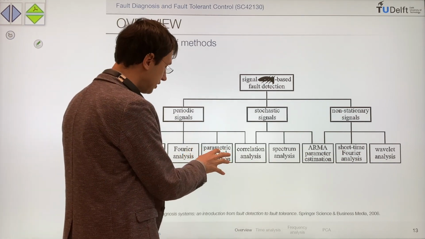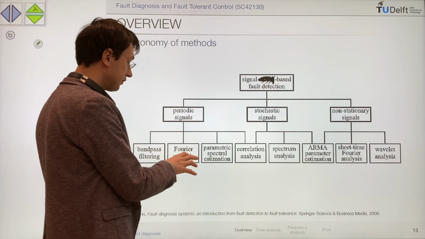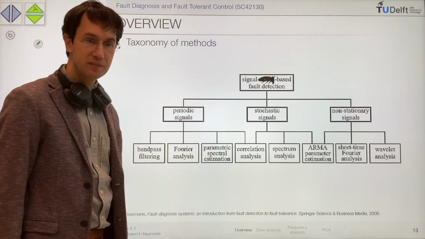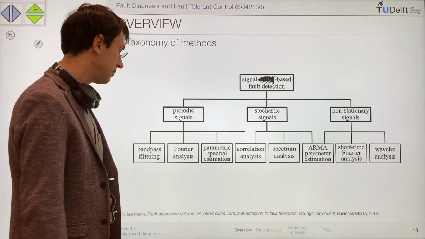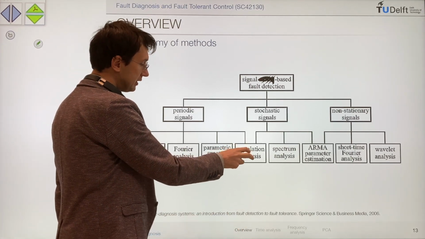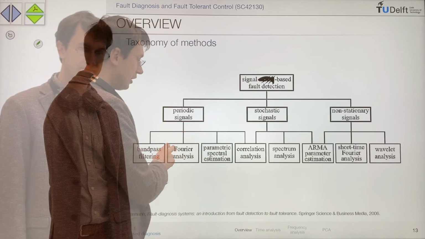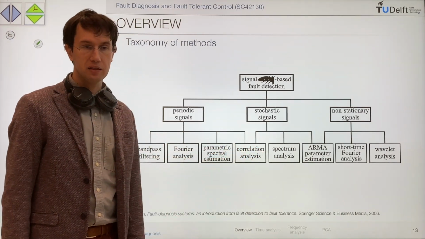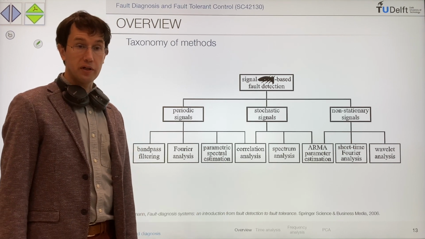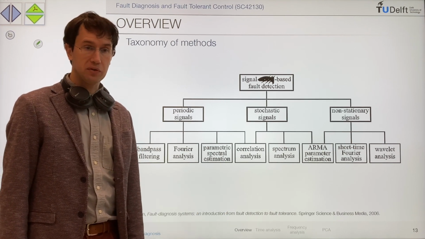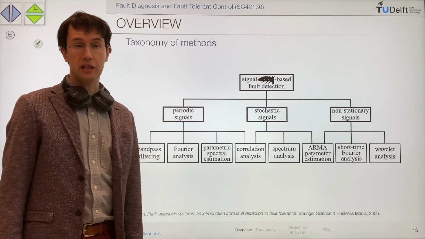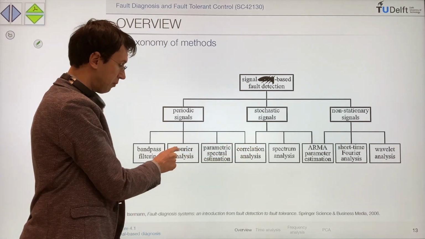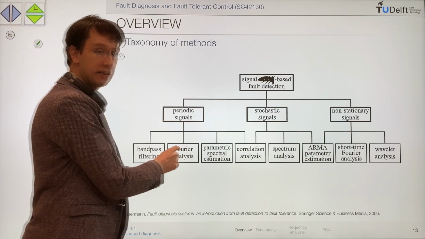Parametric spectral estimation is another approach where instead of computing the spectrum, you are estimating a model of the spectrum that is parametric. And correlation analysis is quite a similar approach because computing the correlation between two signals, that is the cross correlation, or the correlation of the signal, the autocorrelation, involves computing a convolution over time. But a convolution over time corresponds to a product of spectra in the frequency domain.